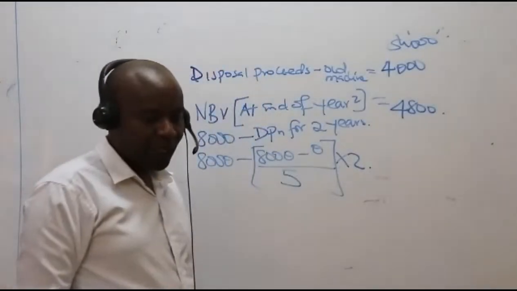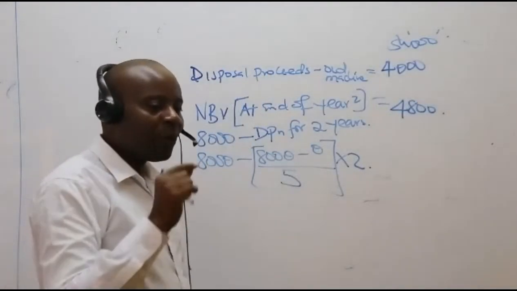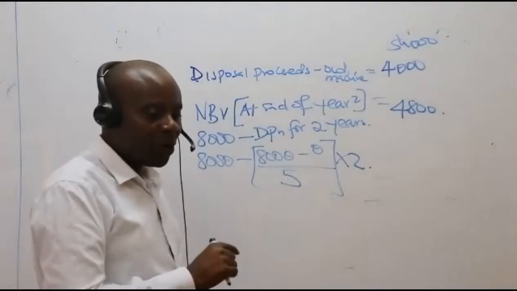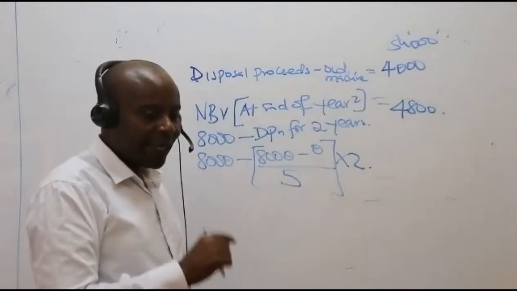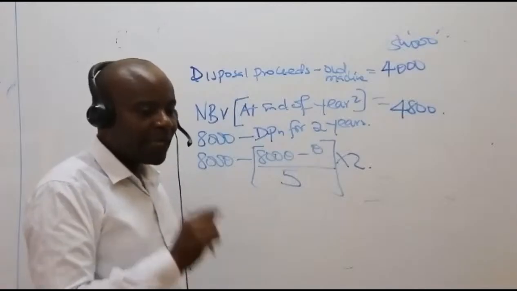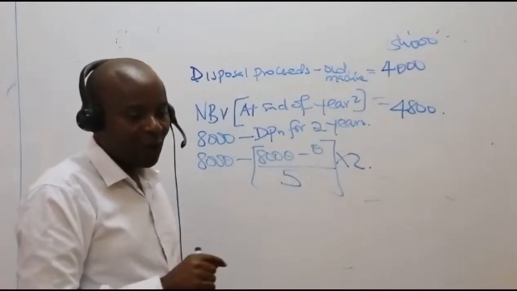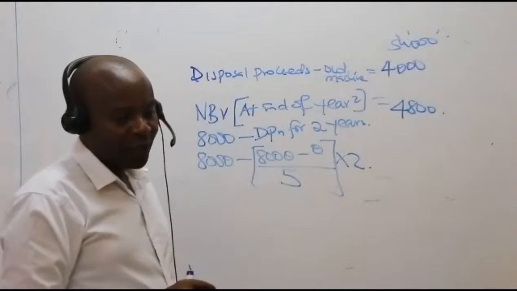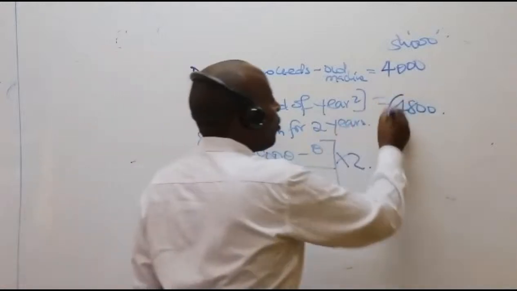So please check again. Or 3.2 is accumulated depreciation. So 8,000 minus 3,200 gives us 4,800.